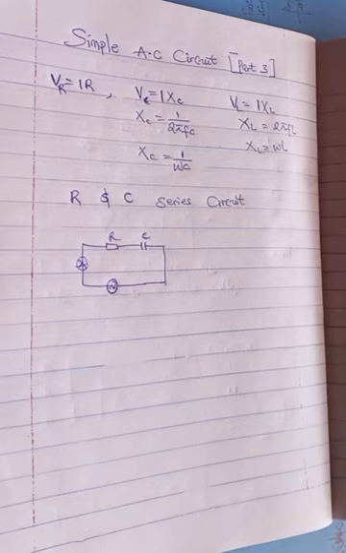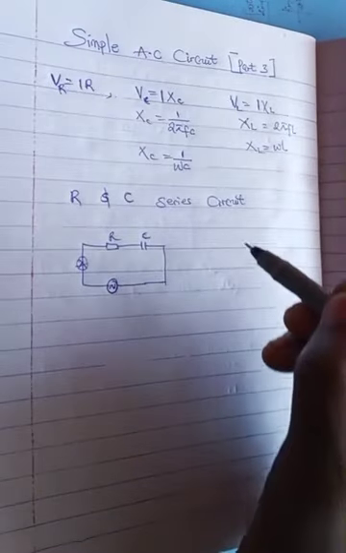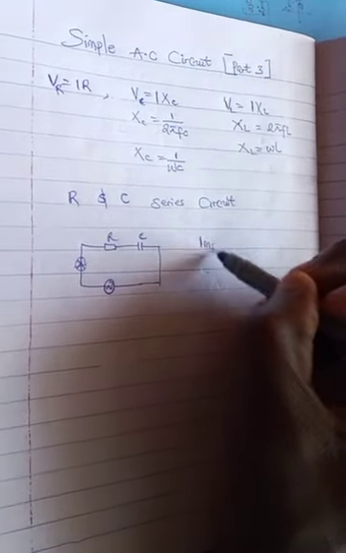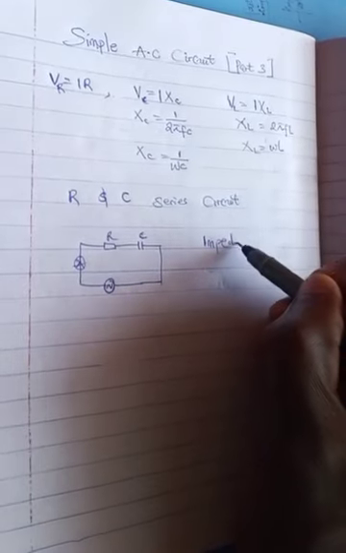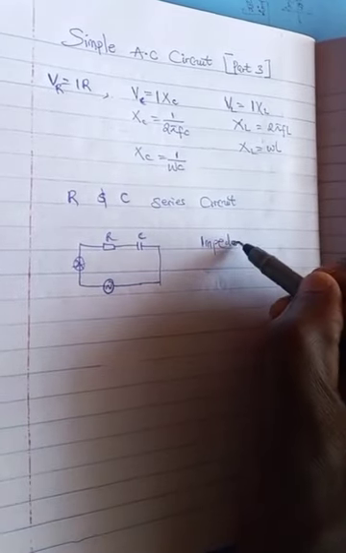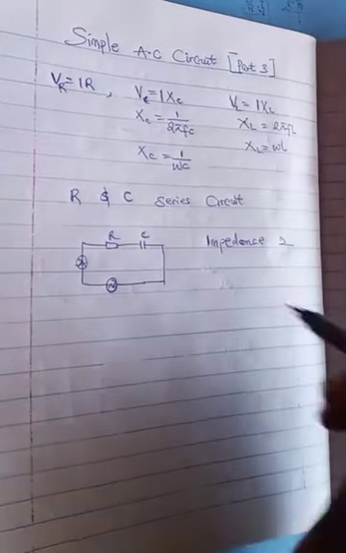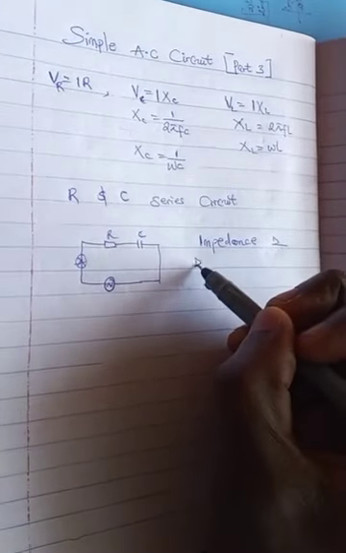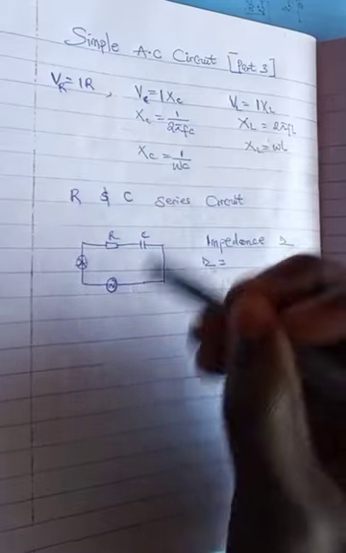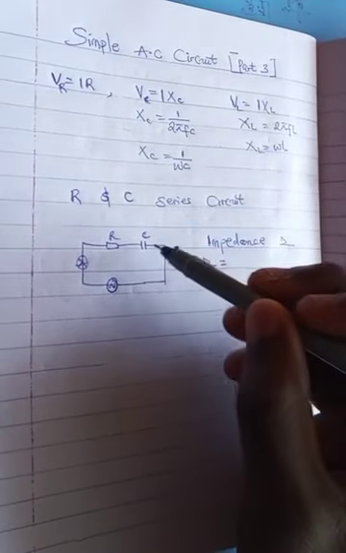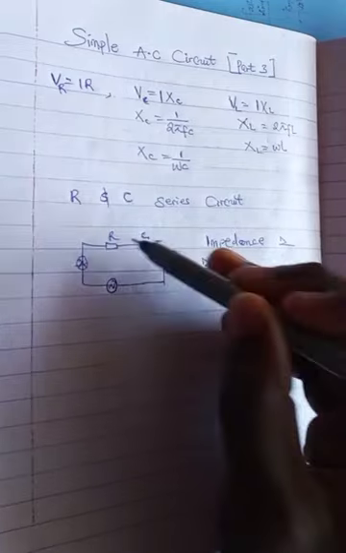The total resistance for this particular system is known as impedance, and impedance is given by the letter Z. So Z means the total resistance offered by this system. Since there's a resistor and a capacitor, we cannot call it resistance again, because this one has capacitive reactance and this one has just normal resistance.